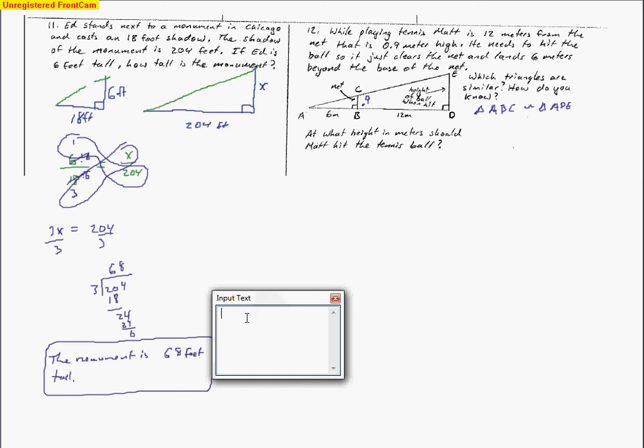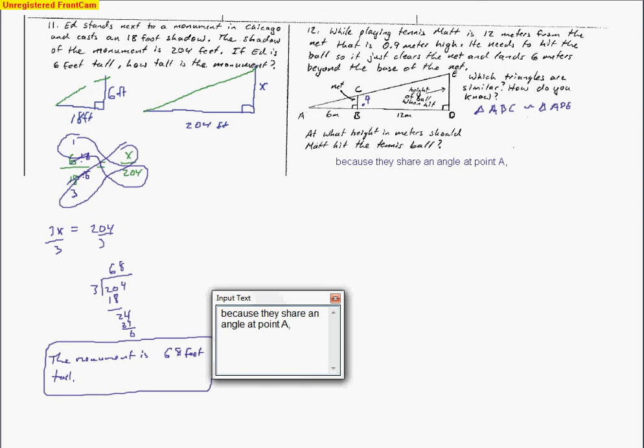We'll go ahead and say that because they share an angle at point A. And so right in this location, right over here, they share this angle where CAB is the same as EAD. So they share that angle. That's one angle that they share.